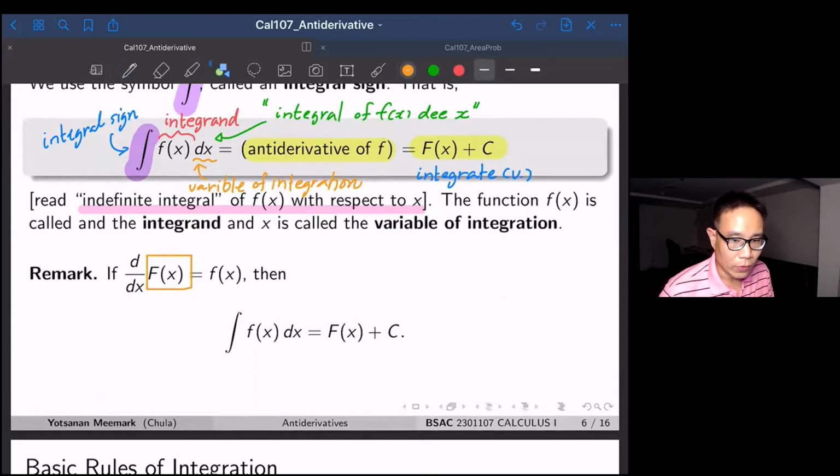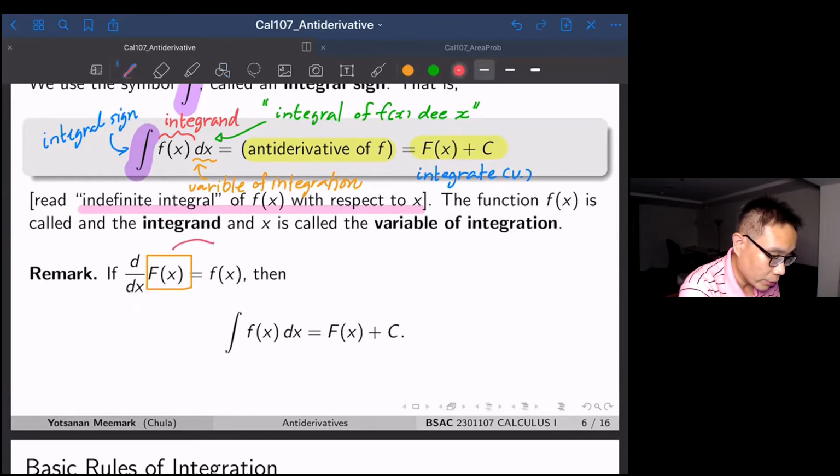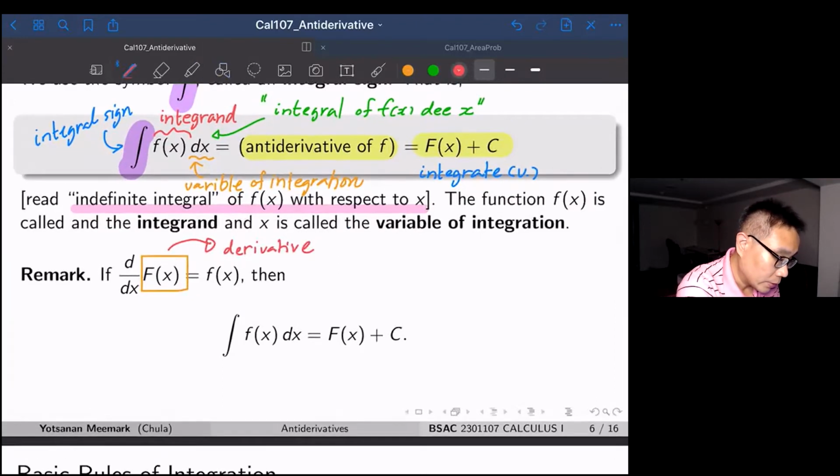So if you go in this direction, you get derivative. For this one, your function in the box is on the other side, so this one is going to be antiderivative.